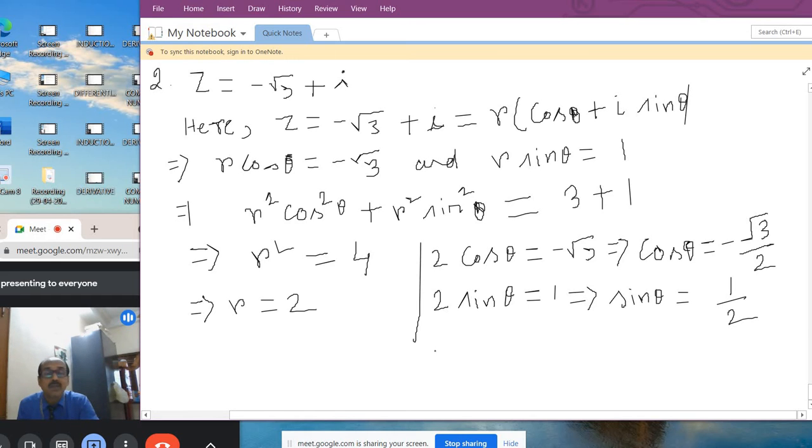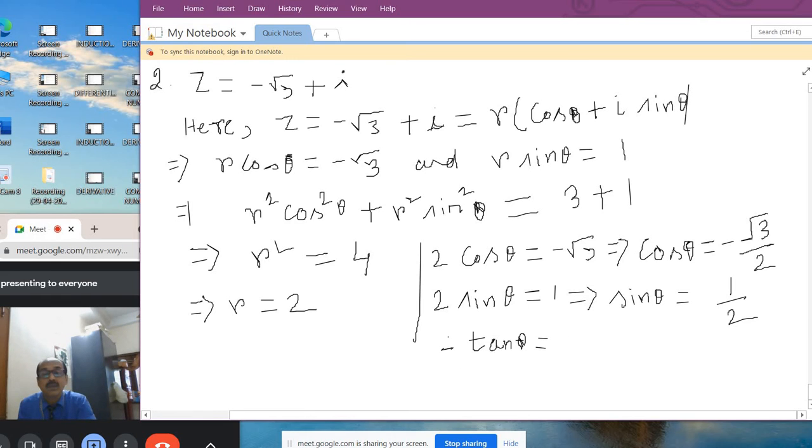Therefore tan theta equal to sin by cos, which is 1 by 2 divided by minus root 3 by 2. The 2 cancels, so it is minus 1 by root 3.